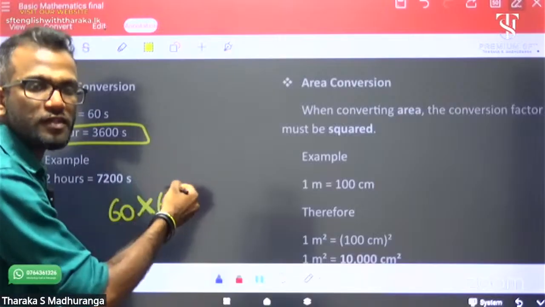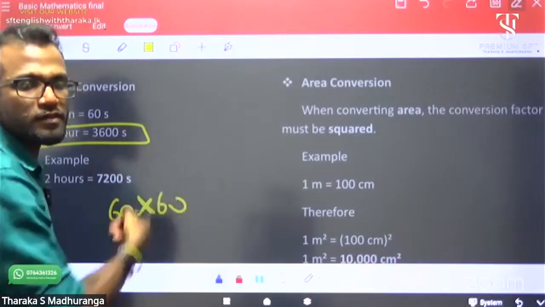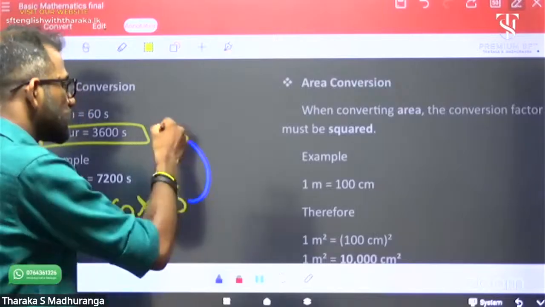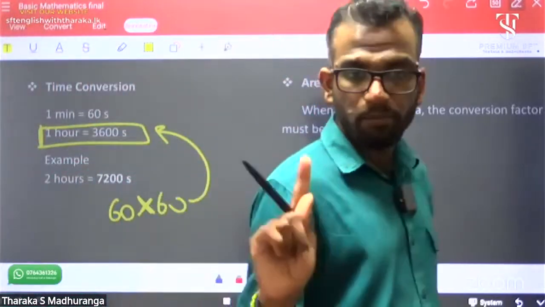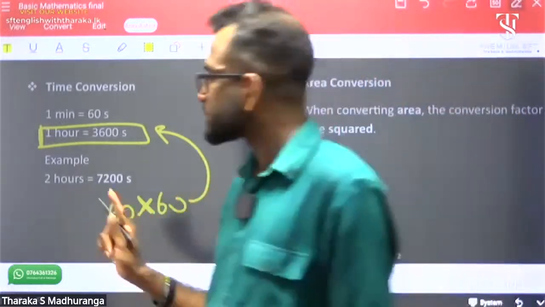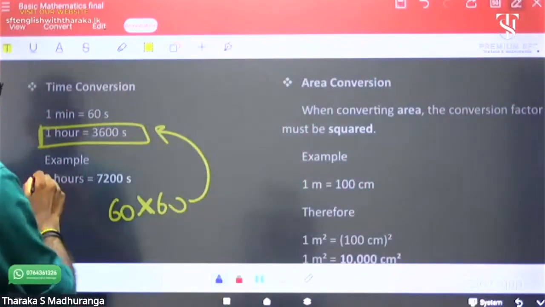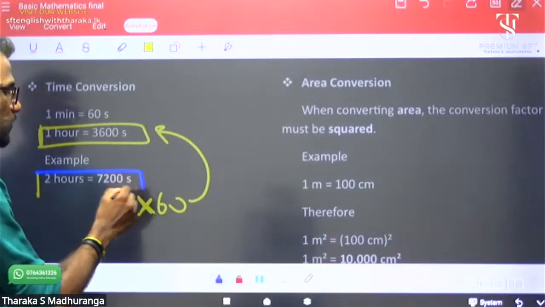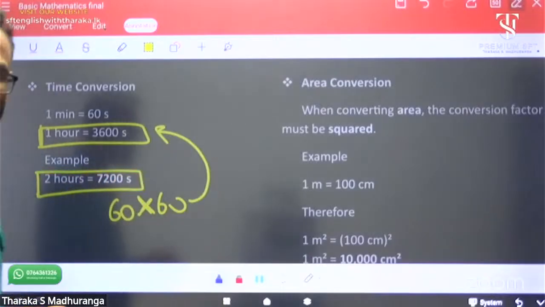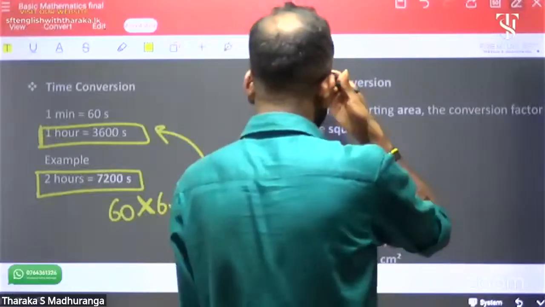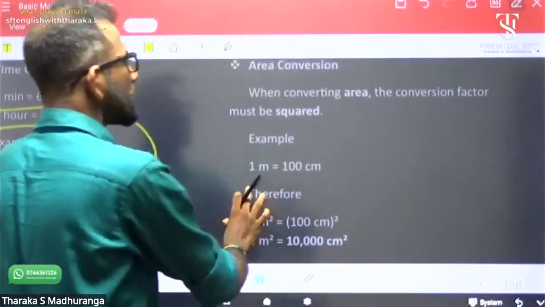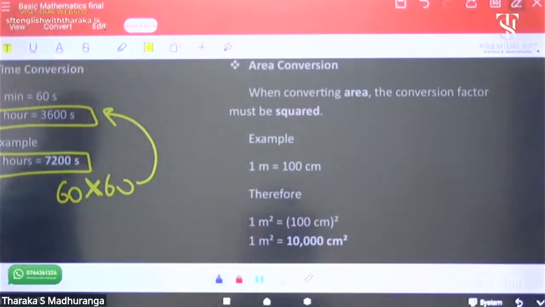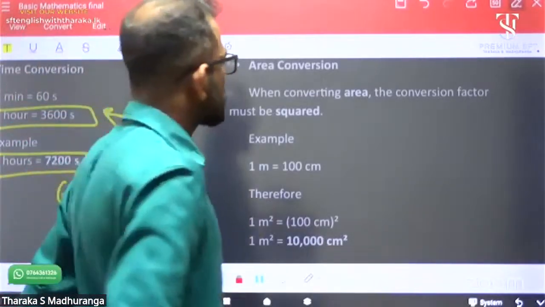Then it is 3600 seconds per 1 hour. Remember, per 1 hour. For example, if you have 2 hours, it is 7200 seconds. This is the most important part for our next week class.